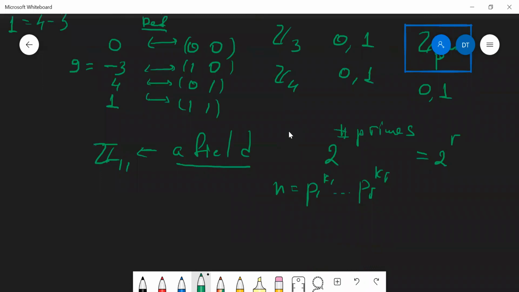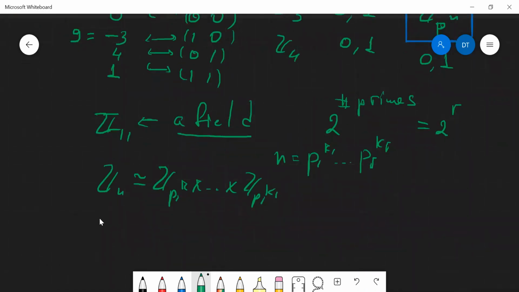Is it clear? I mean, Zn is isomorphic to Z_{p1^k1} times etc. times Z_{pr^kr}. So we have r coordinates, and for each coordinate we take 1 or 0. So 1 or 0 here, 1 or 0 here, etc. So how many tuples do we have here? 2 to the power of r.